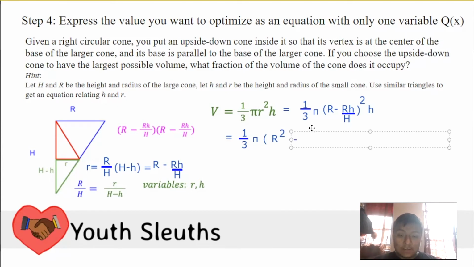Now for the next one, we have that we're multiplying big R times negative big R times h divided by big H. Now if we notice here, we're going to be doing that twice.